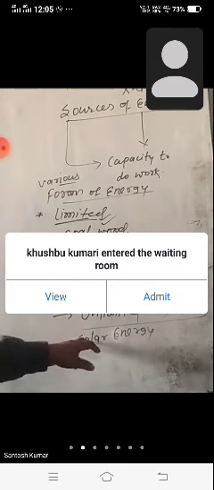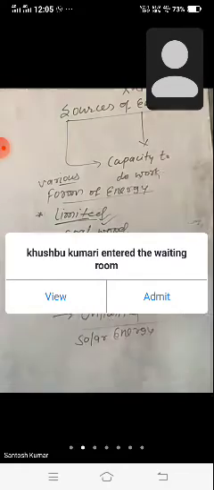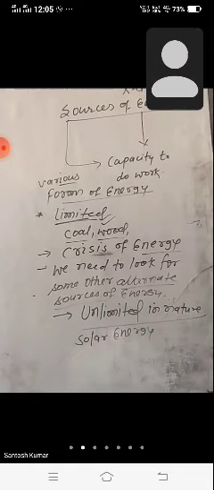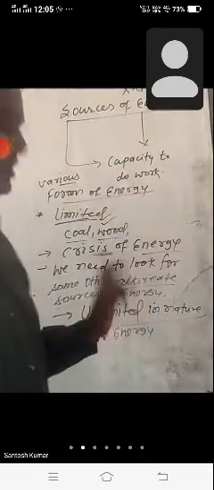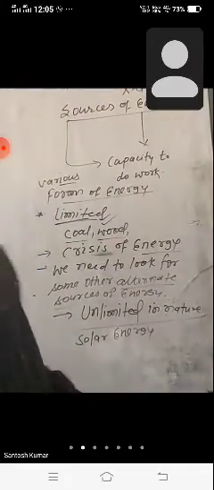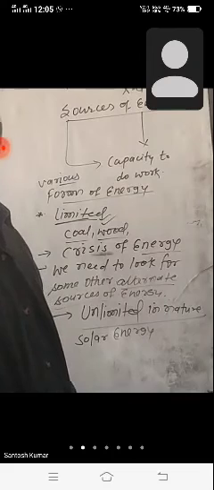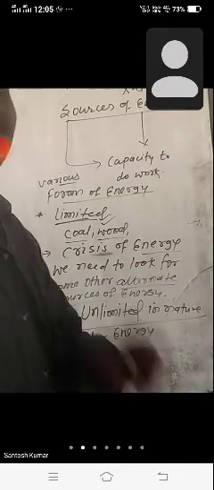So our target should be those sources which are mainly unlimited in nature and which will not cause pollution or minimum amount of pollution. So on the basis of this, our target is now to categorize the sources of energy. How to categorize them?